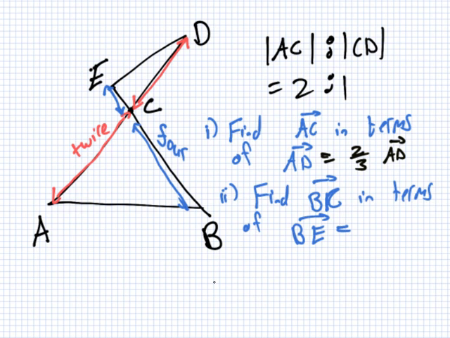Got that? What did you get here? 4 over 5 BE. Okay.